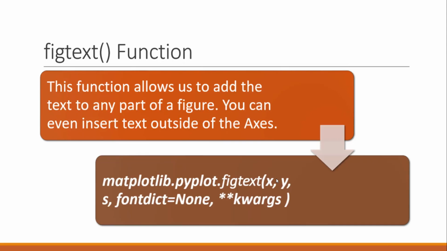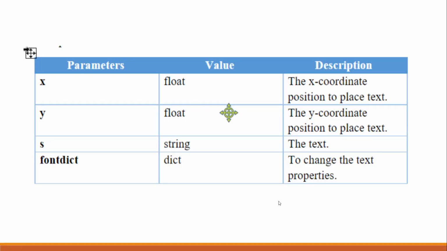And the syntax of this function is matplotlib.pyplot.figtext, and in parentheses again we pass parameters x, y, s, fontdict and keyword arguments. You have noticed that we use the same parameters in both the functions. So let's discuss each parameter. The first one is x. It takes a value as a float and it is nothing but the x coordinate position to place text.